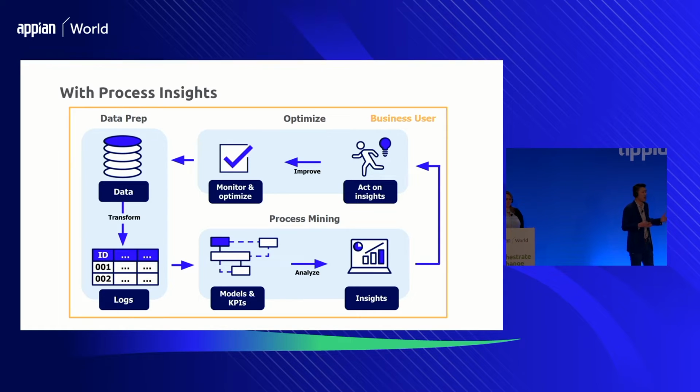But we recognize that Appian is most valuable for custom bespoke business processes that are very specific to how your business is run. And really, we want to bring this simplification to all processes, any process that you want to mine within Appian or outside of Appian. So how are we doing this?